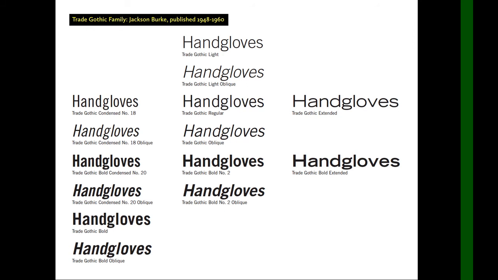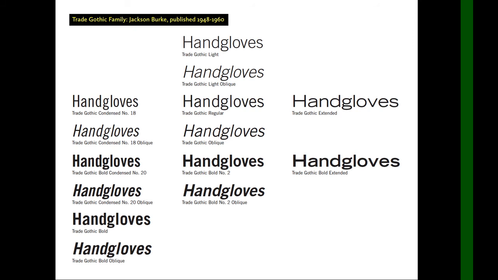A typeface family is a group of typefaces that are designed to work together, that have the same general design with some variations. Often regular and italic are some of the variations, variations of weight, sometimes variations of width.